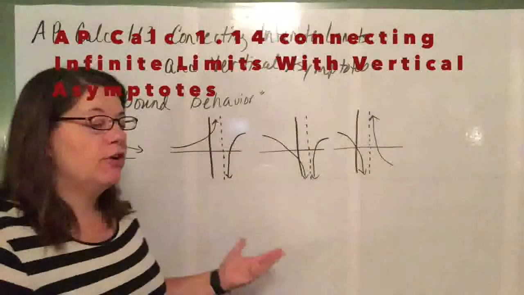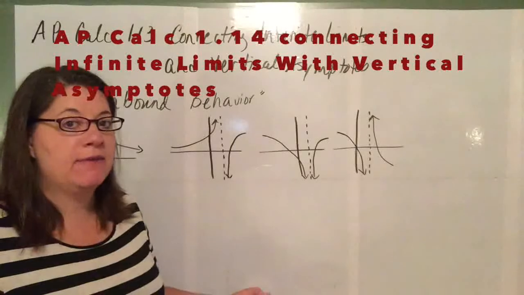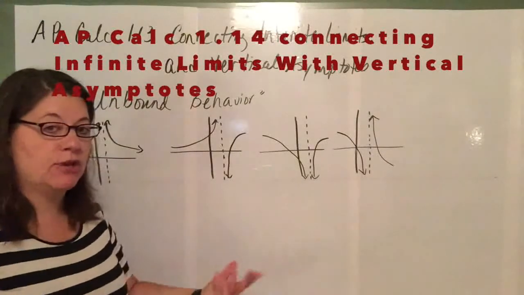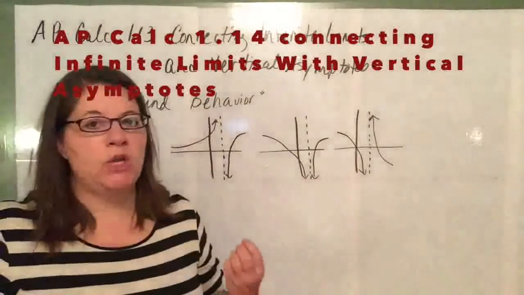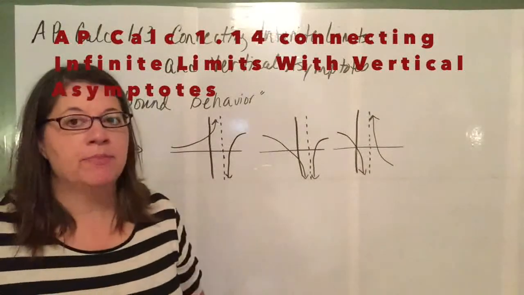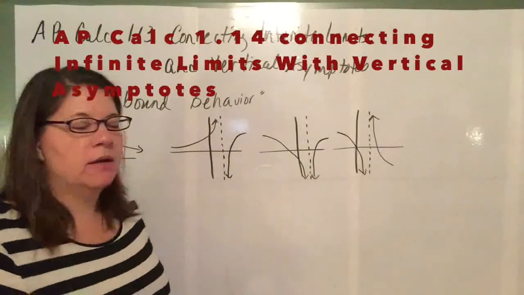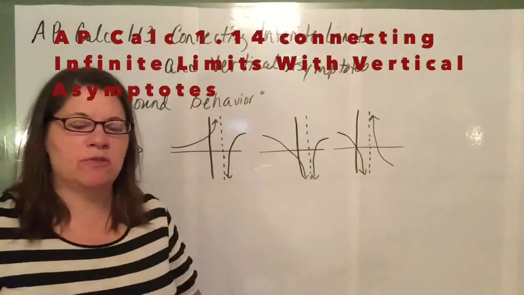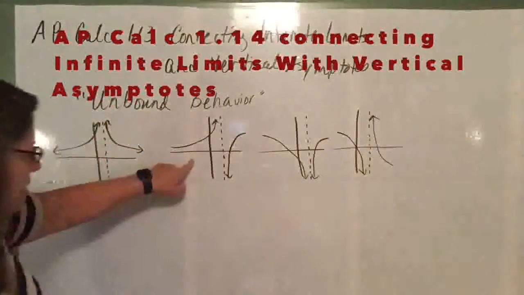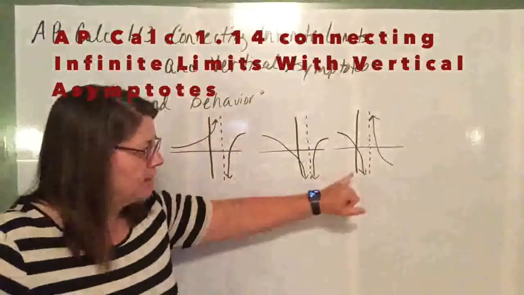In order to figure out what that unbound behavior is, I encourage my students to graph it using either Desmos or a graphing calculator. We use the calculator so that we can save ourselves time. I'm not somebody who likes to tell my students to memorize certain facts, like if this happens, then you've got this situation, or if something else happens, you've got that situation.